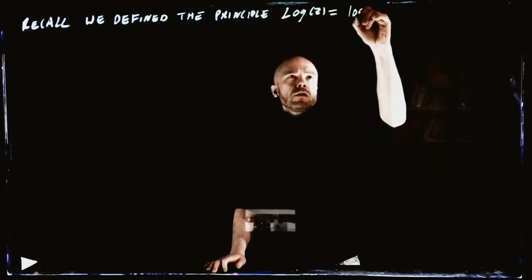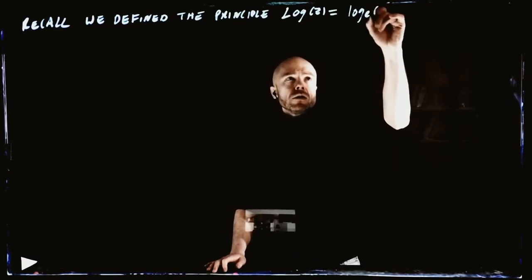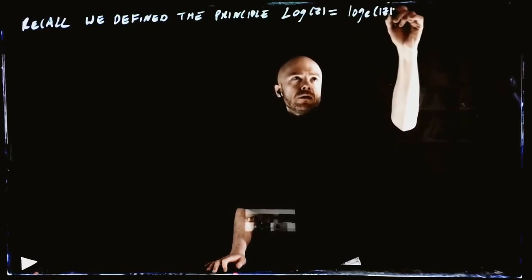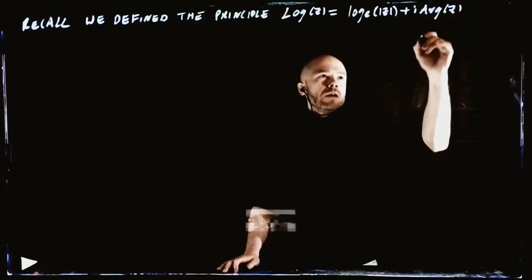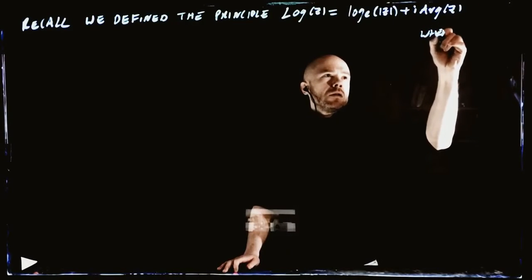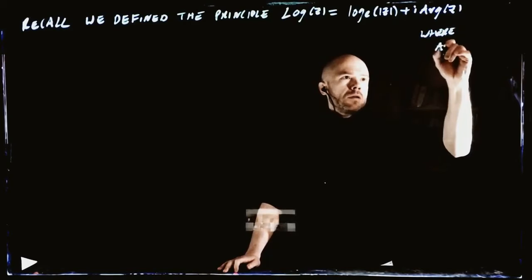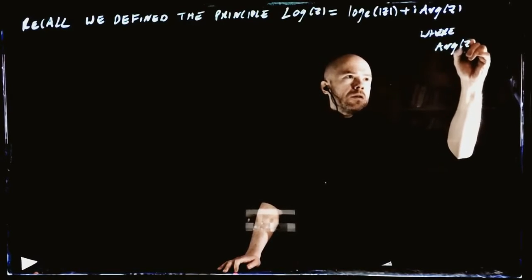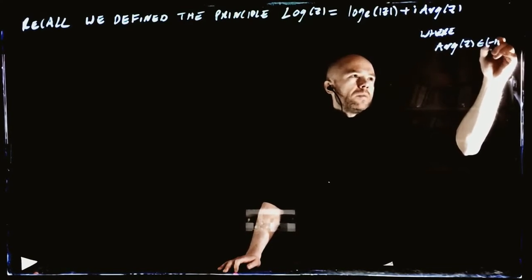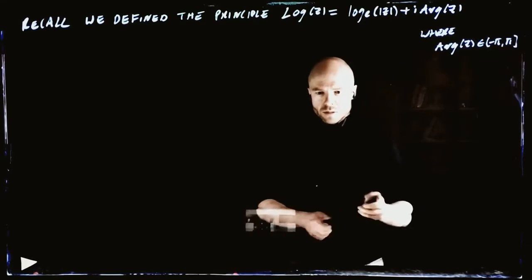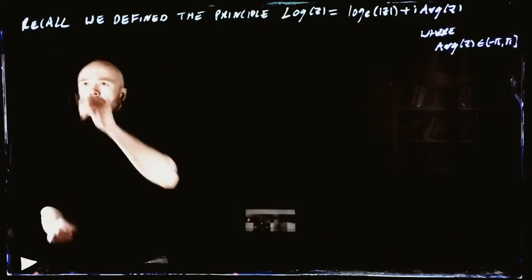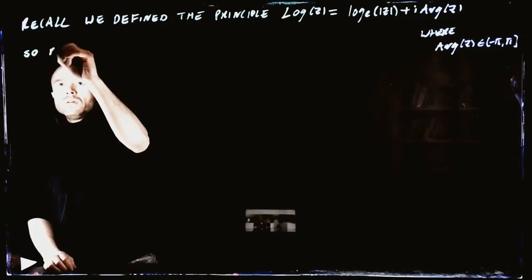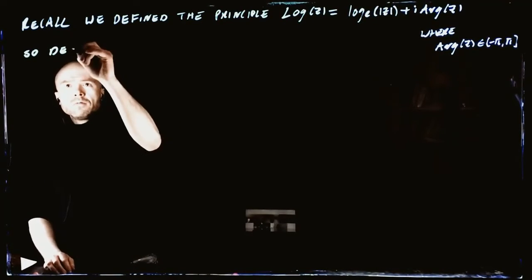It's log to the base e, which just means the real log, the log on the real numbers, of the absolute value, plus i times the principal argument of z, where the principal argument is inside this range minus pi to pi, right? And when we do this, then we have a perfectly good, well-defined function on the complex plane, take away the negative real numbers.